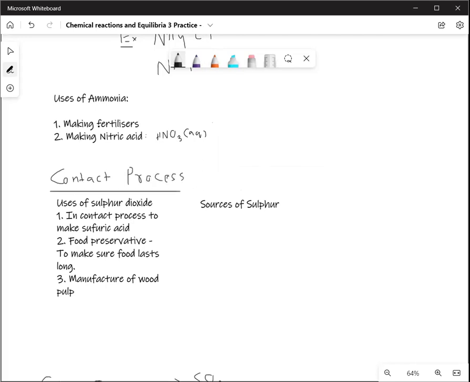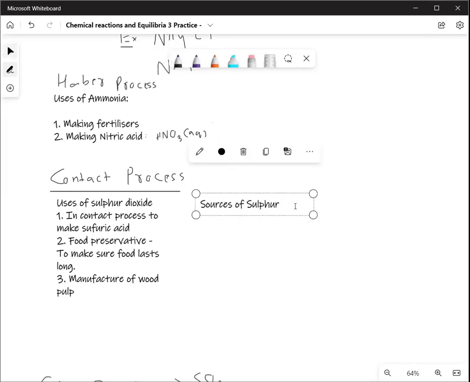This one was about the Haber process. Now the sources of sulfur are underground deposits slash ores.